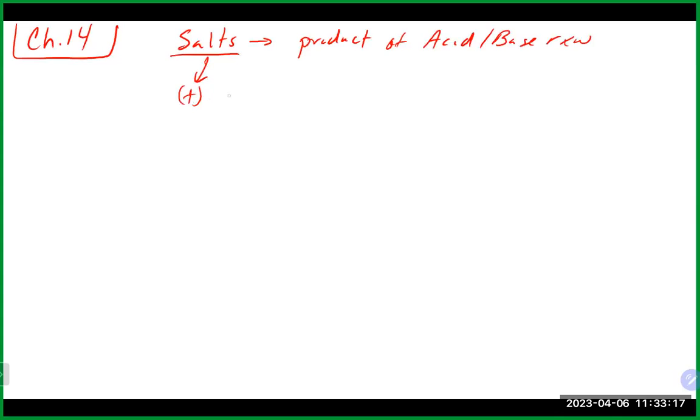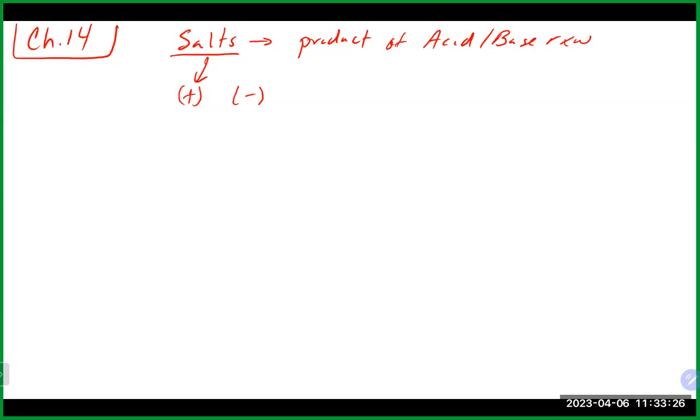So last time, obviously, we got into pretty much a conversation about salts, which we obviously did today in lab as well. Again, a reminder that when you're dealing with salts, which is really the product or one of the products of an acid-base reaction, you want to look at the salt, which should have a positive ion and a negative ion, and decide if any part of that salt will go through hydrolysis.